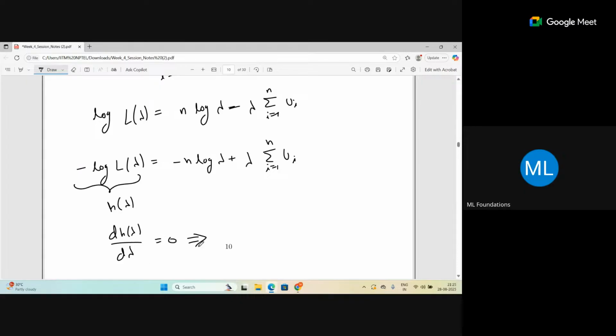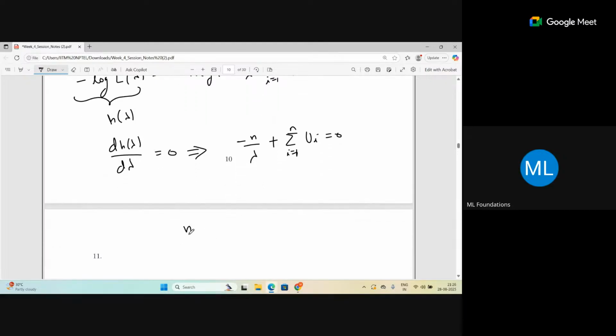So that step will be minus n upon lambda plus, if I differentiate with lambda, only this part remains, the summation of i equals 1 to n ui, and that is equal to 0.